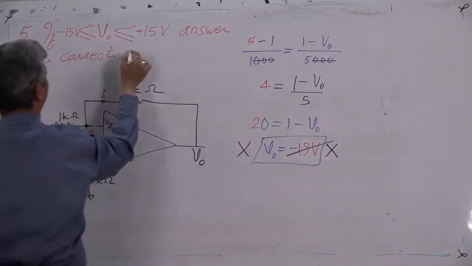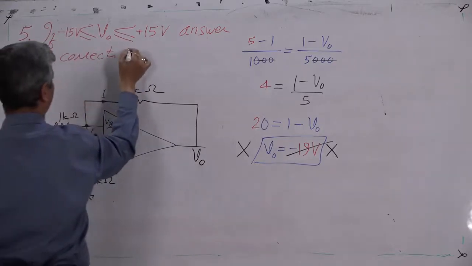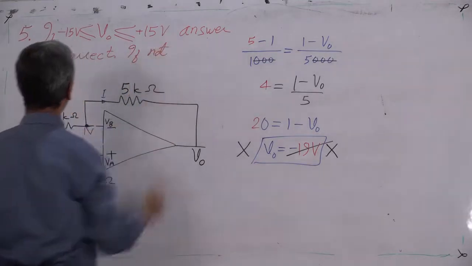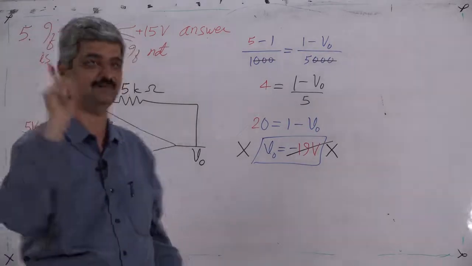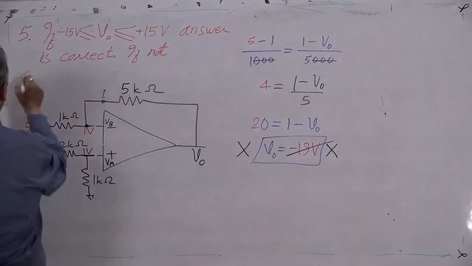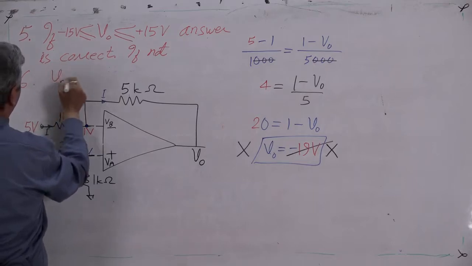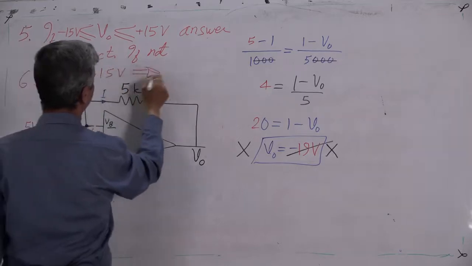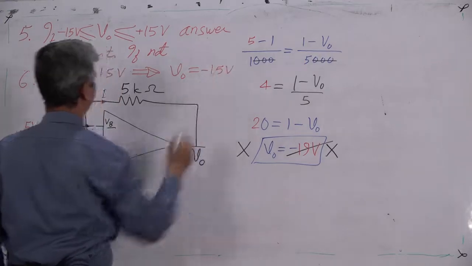But if not, then the 6th rule will come. Not means what? If the voltage is either less than minus 15 or more than plus 15. So what's the 6th rule? If VO is less than minus 15 volt, make it minus 15 volt.